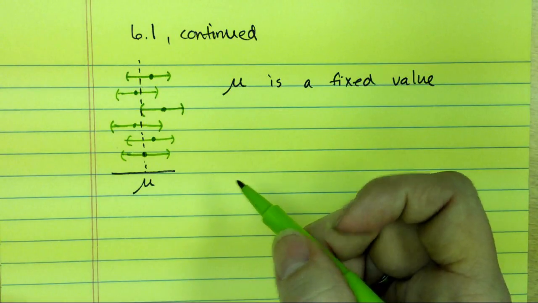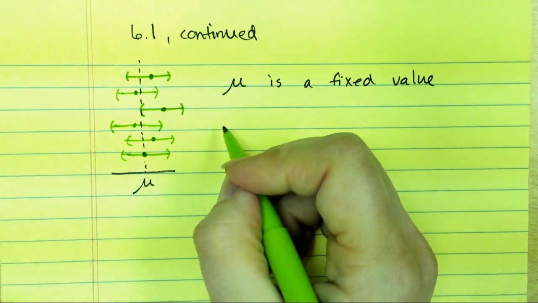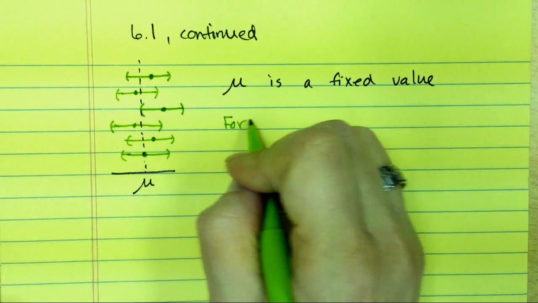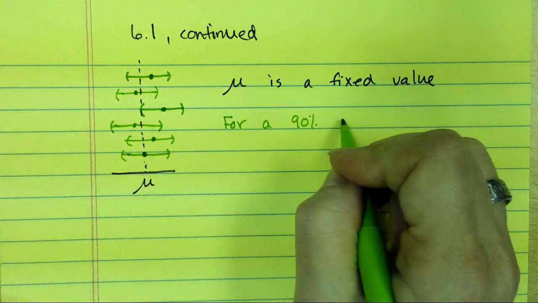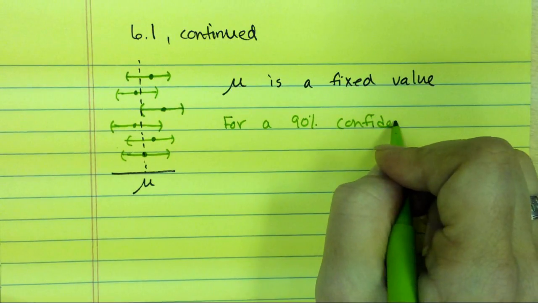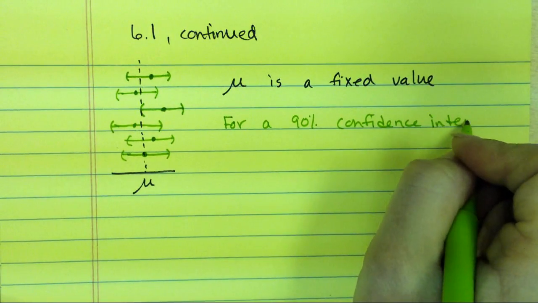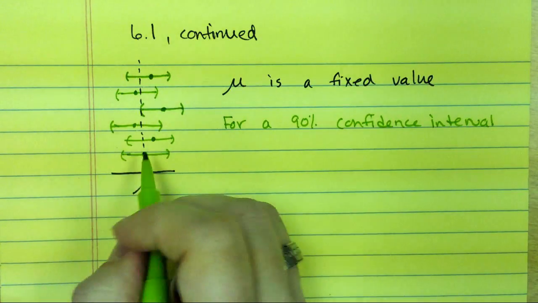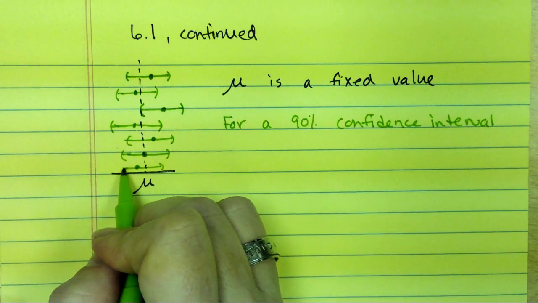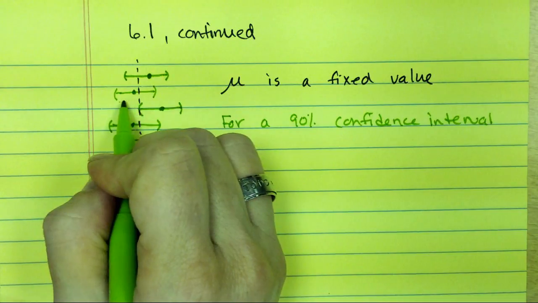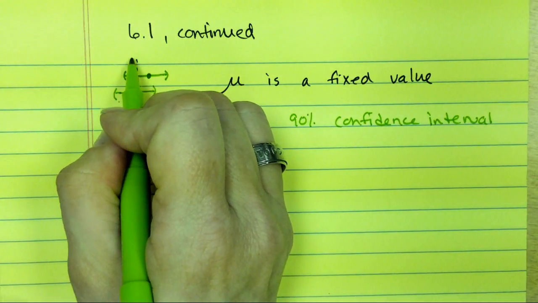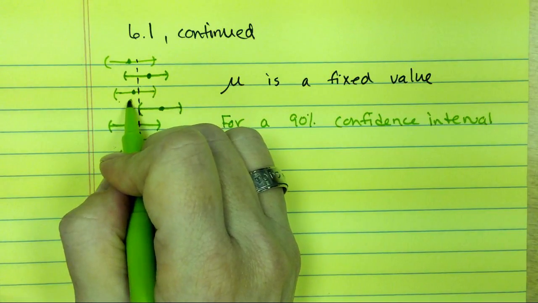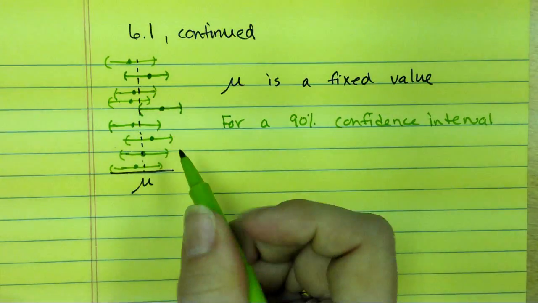So what ends up happening is that in the long run, if we have a 90% confidence interval, then how many do I have? 1, 2, 3, 4, 5, 6, 7, 8, 9, okay, so I need 10 of them.